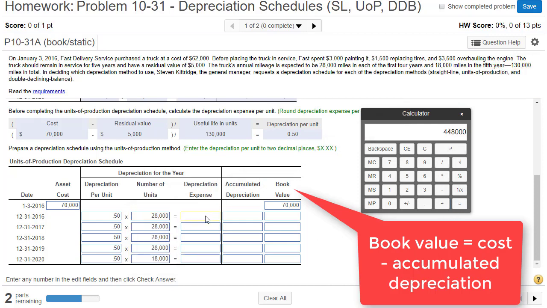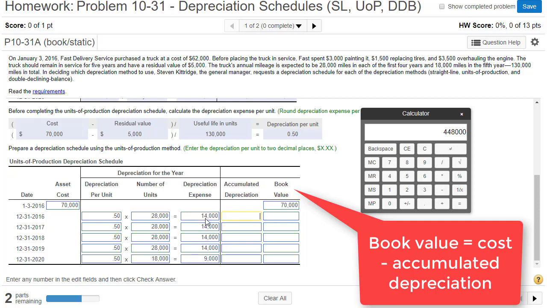Now we can calculate the depreciation expense. So 0.5 times 28,000, well, in other words, what's half of 28,000? That's 14,000 in each of the first 4 years. And then in the last year, half of 18,000 is 9,000.